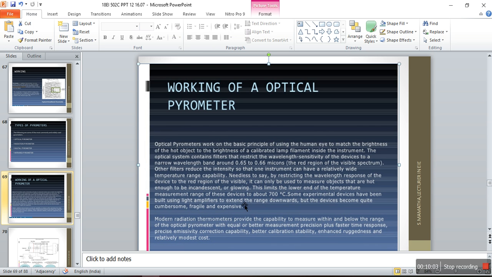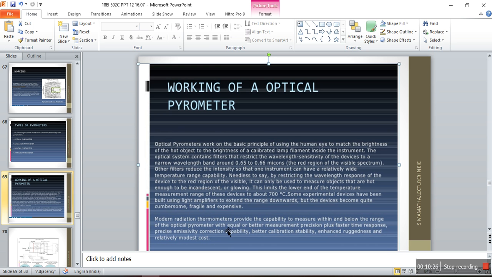This limits the lower end of the temperature measurement range of these devices to about 700 degrees centigrade. Some experimental devices have been built using light amplifiers to extend the range downwards, but the devices become quite cumbersome, fragile, and expensive.